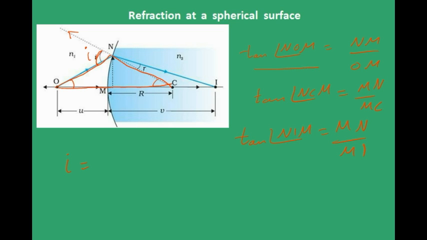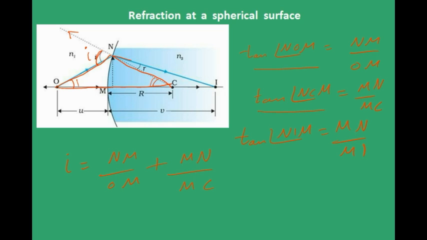If NOM is very very small, I can say that tan of that angle is nothing but that angle. So this angle I can write as NM by OM, and the other angle will be NCM, that is nothing but MN by MC. Again, we are taking the approximation that the rays are very very close to the principal axis, so that we want these angles to be very small. Okay, and this is my first equation.